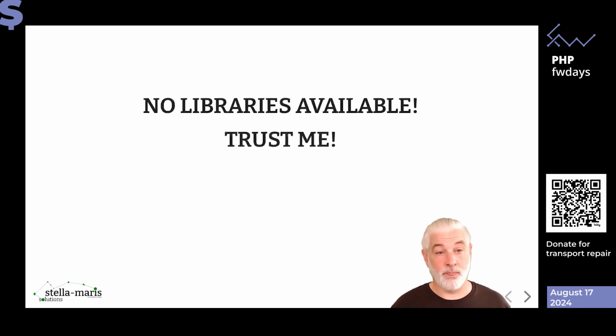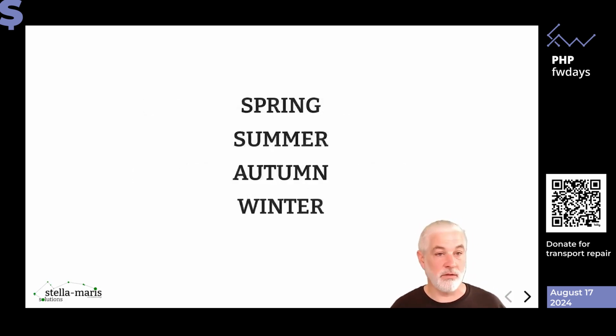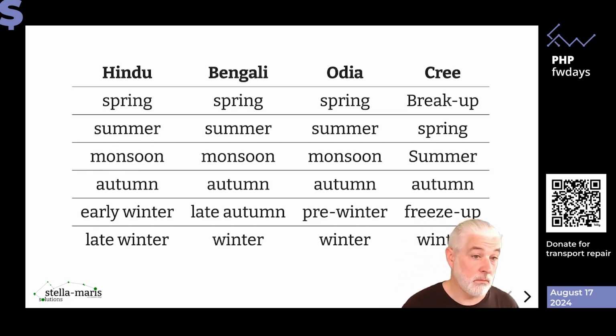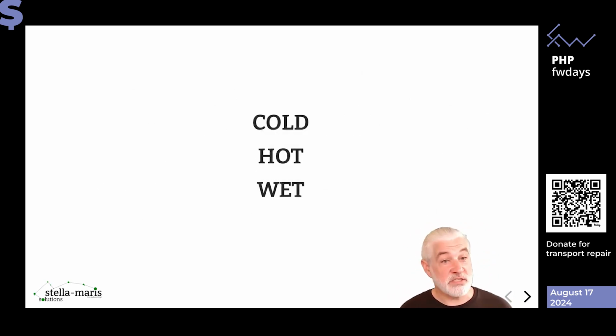Trust me, because I've checked the ones that are on packages and you don't want to use them, because they all are based on spring, summer, autumn, and winter, which are the seasons here. But there are other areas. There are areas where you have 6 seasons, or where you have 2 seasons, like dry and wet, or where you have 3 seasons, like cold, hot, and wet.